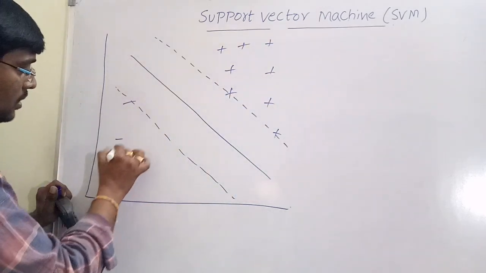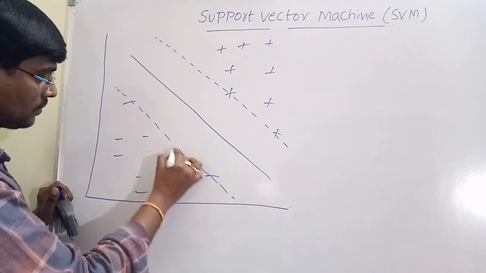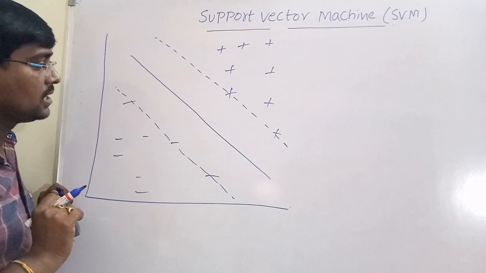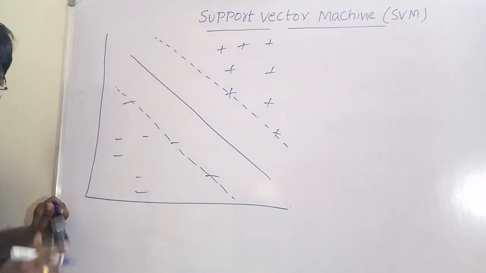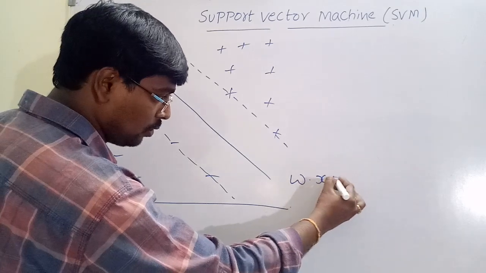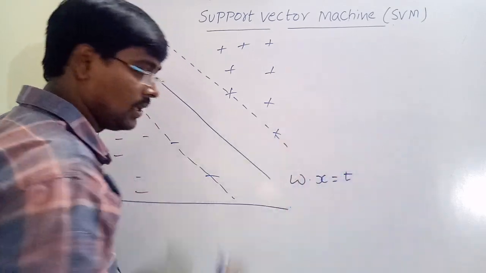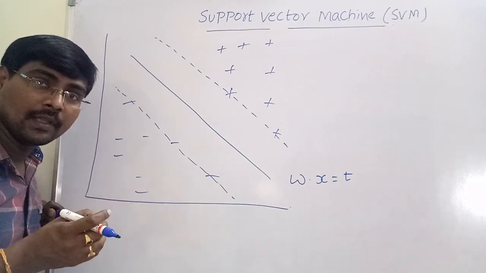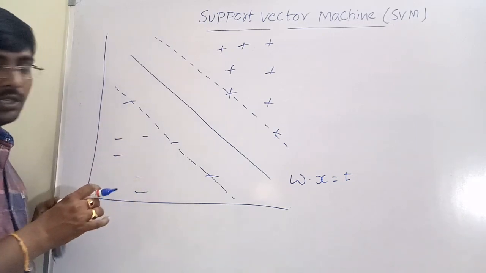This is the decision boundary. Now on this decision boundary, W into X is equal to T. Here M is the margin.